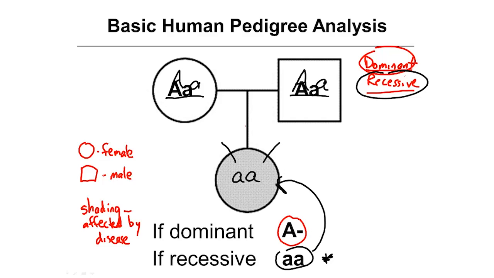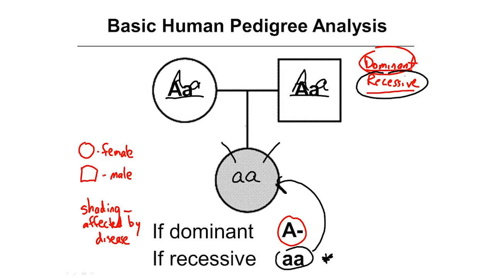If a child is affected, let's just say disease from now on, and neither of their parents are, that pretty much means it can't be dominant. It must be recessive. Another way of looking at that is that if it were dominant, an affected child must have an affected parent, okay?